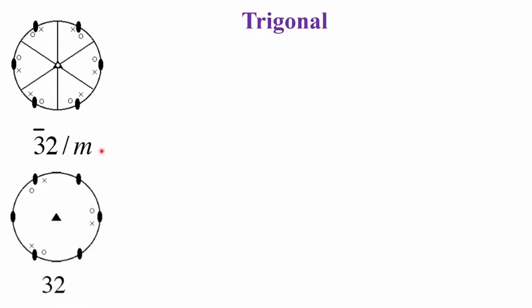So, you will have effectively a mirror here and a two-fold here, and in order to represent that in a simpler manner, the accepted representation of point group symmetries are 3 bar 2m and 3 2. So, here in fact the full symmetry associated with this will be 3 bar 2 by m and m, and in this case it is 3 2 2.